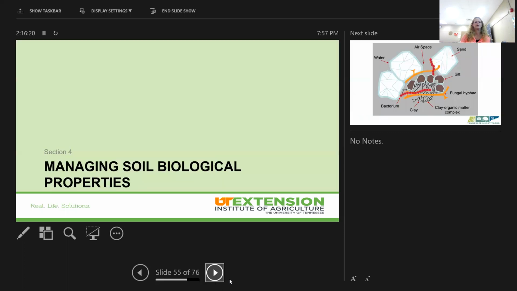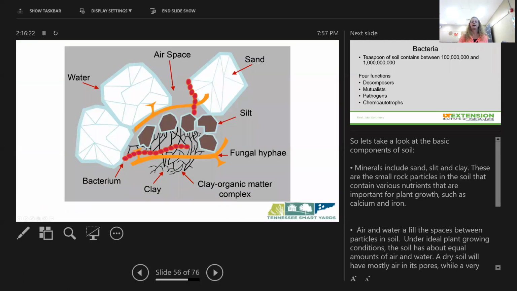Okay. All right, let's look at some of the components of your soil. We've gone over a lot of this, so I'm not going to spend a lot of time on it, but this is going back to those little cubes. Your minerals include sand, silt, and clay.